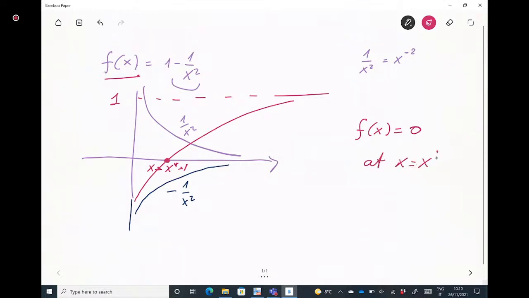So the first nice interpretation of these phase diagrams is that the point of intersection of the phase diagram with the horizontal axis represents the steady state level of the variable. So this is the first main insight from the graph.